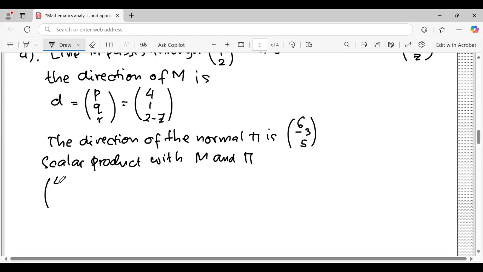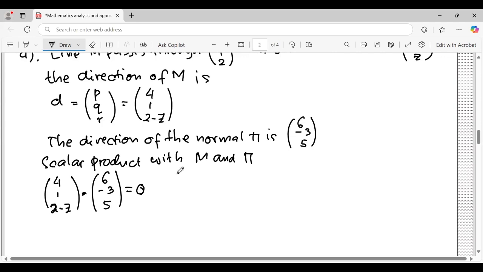The scalar product of (4, 1, 2 minus z) dot (6, minus 3, 5) equals 0.